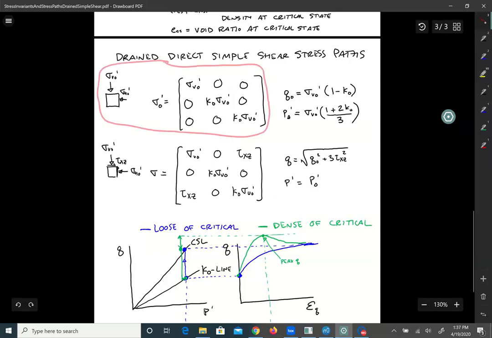We have some vertical pressure. When we consolidate a direct simple shear specimen, we put vertical pressure. We don't allow any horizontal strain to happen. Therefore, the horizontal pressure in both directions is equal to K_0 times sigma_v0'. K_0 is the coefficient of at-rest earth pressure. So this is our Cauchy stress tensor initially, before we start imposing any shear stress on the soil.